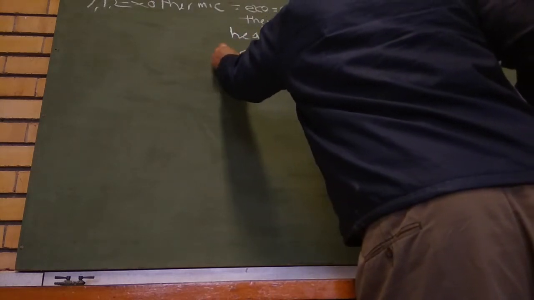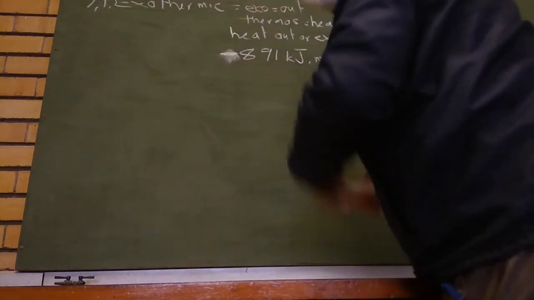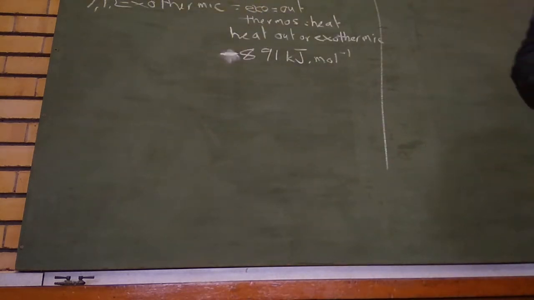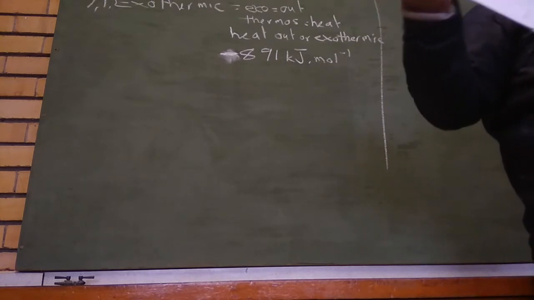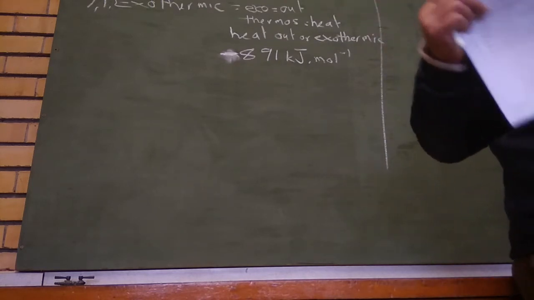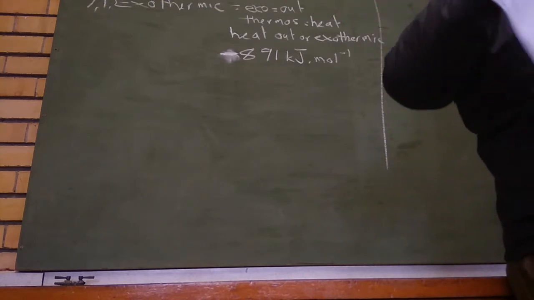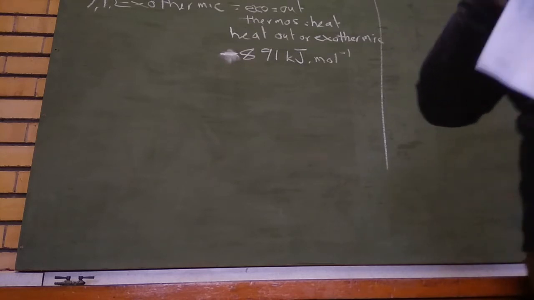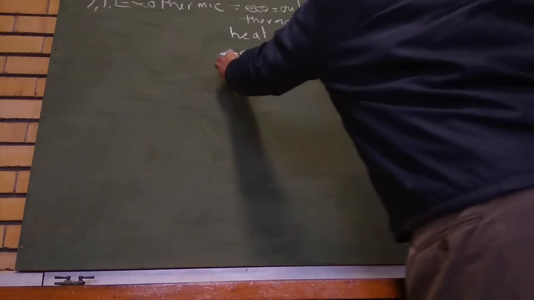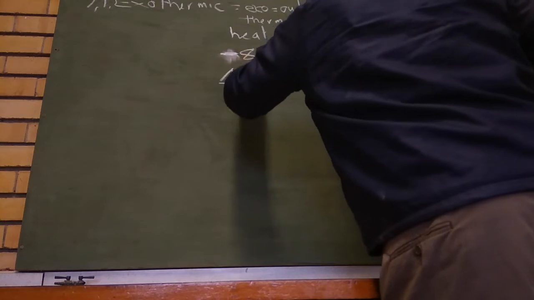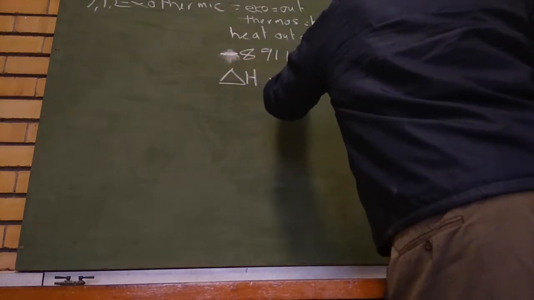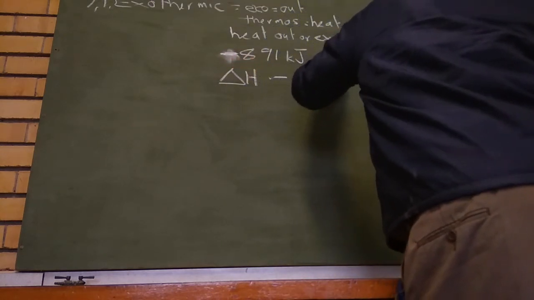Just bear in mind, the way you know it's an exothermic reaction, if it says the loss of heat, we normally call delta H negative for exothermic. Delta H negative, the change of heat is negative, means it lost heat.